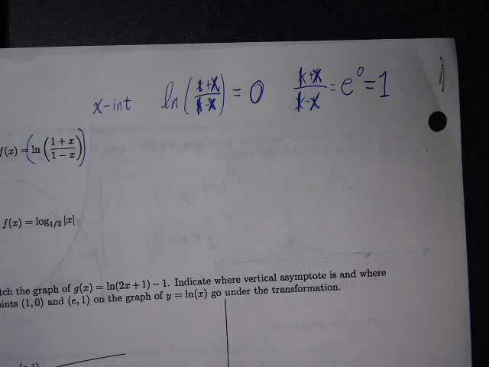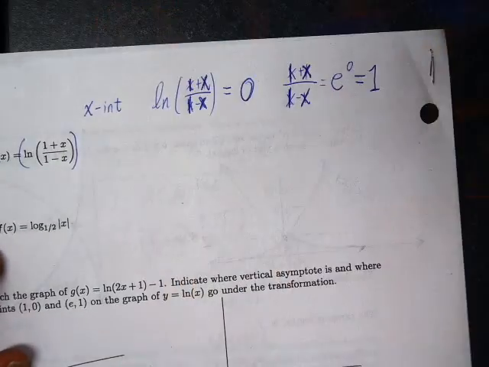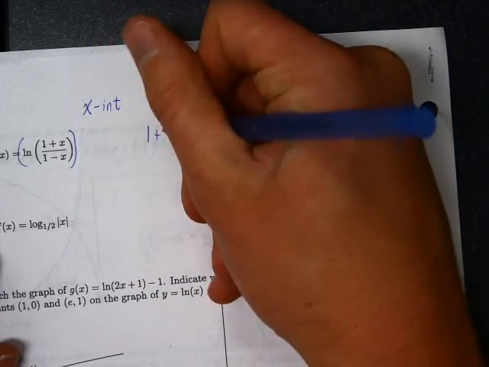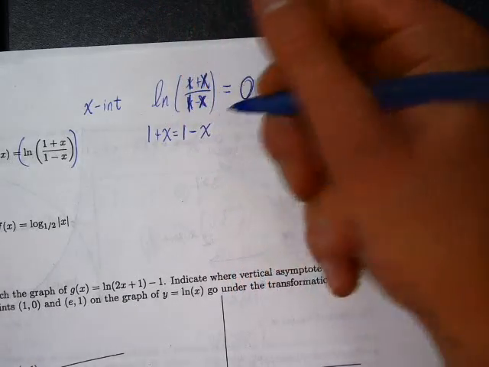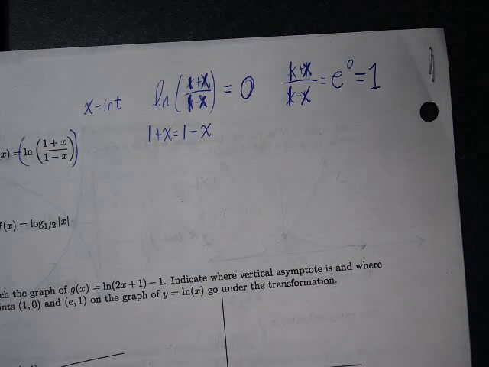Well, what would you want to do to solve that equation? Okay, let's clear the denominator. So let's multiply the thing on the denominator to the other side. So 1 plus x is equal to 1 minus x. Nice. Let's keep solving.